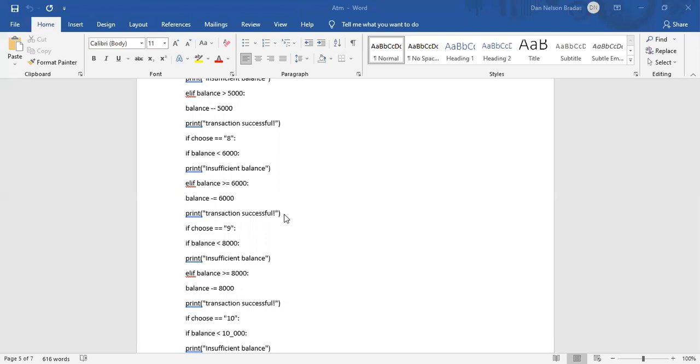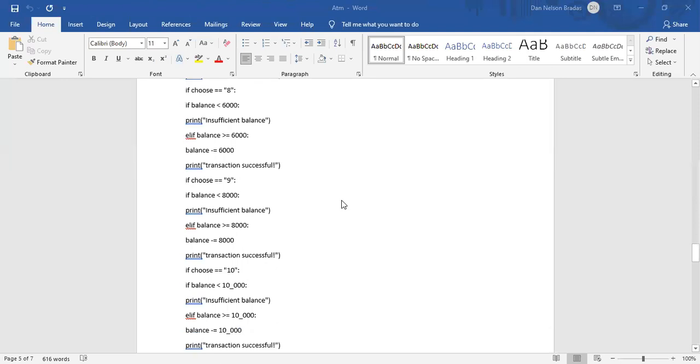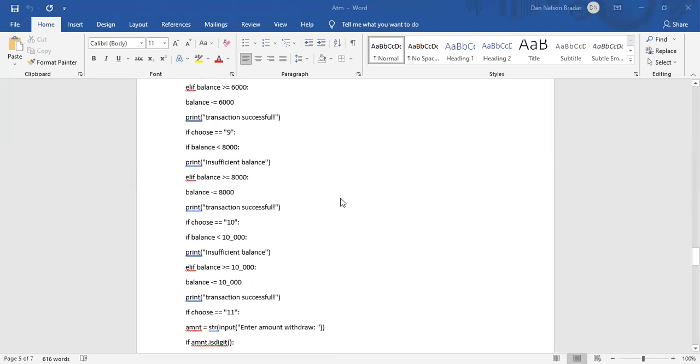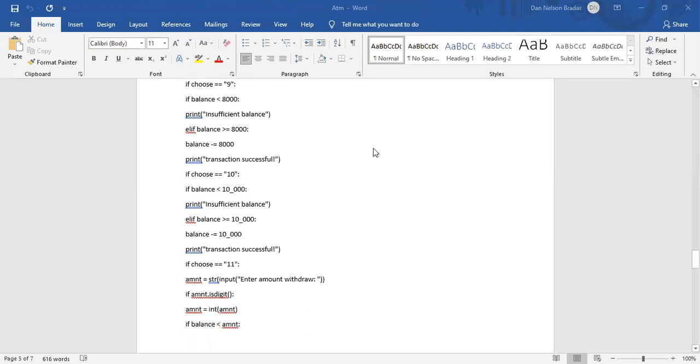If the chosen is assigned to 9, if balance is less than 8000, print insufficient balance. Else, balance is greater than or equal to 8000, then print transaction successful. If the chosen is assigned to 10, balance is less than 10,000, print insufficient balance. Else, balance is greater than or equal to 10,000, then print transaction successful.